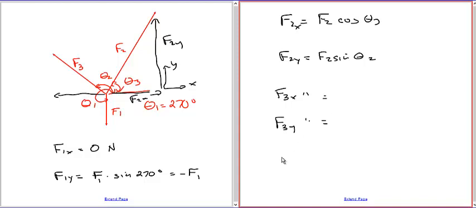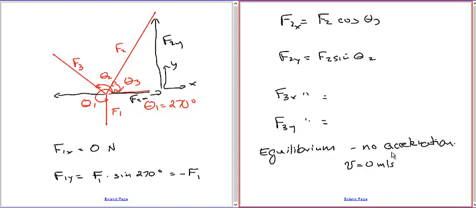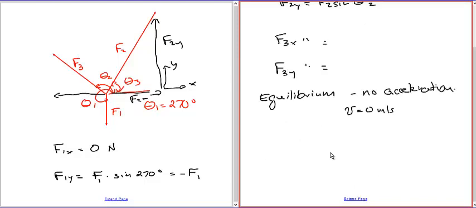Now, as far as equilibrium, equilibrium is when there's no motion, I guess I could say no acceleration, which 99% of the time means v is 0 meters per second, meaning it's not moving at all, even though these equations would apply if it was moving at a constant velocity.